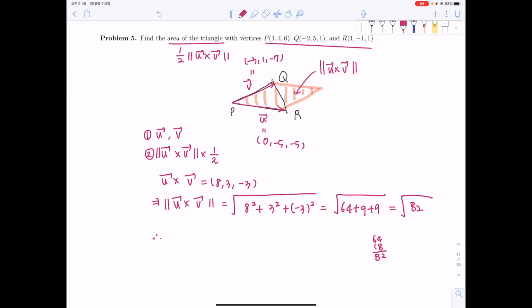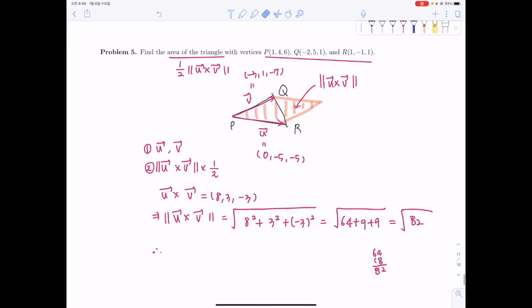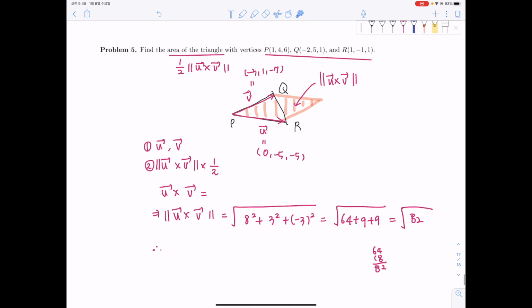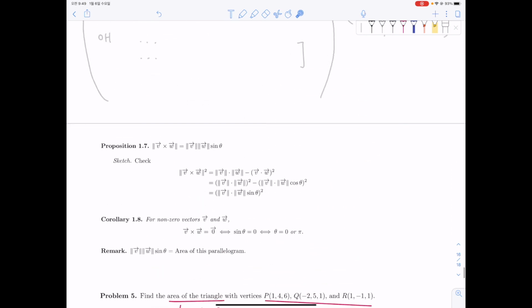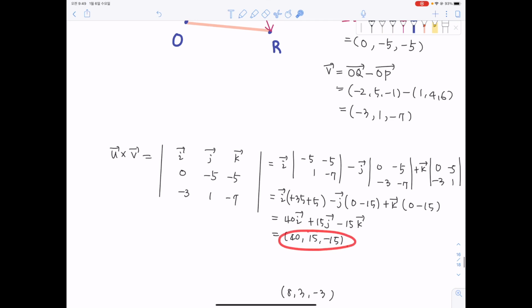So our area of the triangle is, just a minute. Oh, sorry. It was different from my calculation, so I saw that this one is not the one. This one is 40, 50, -50.